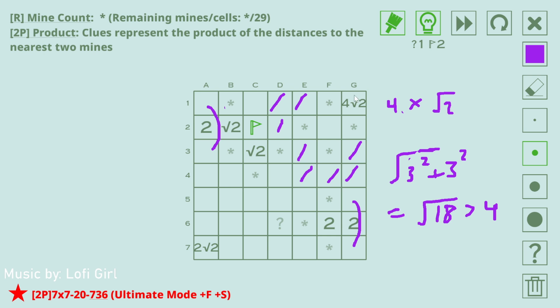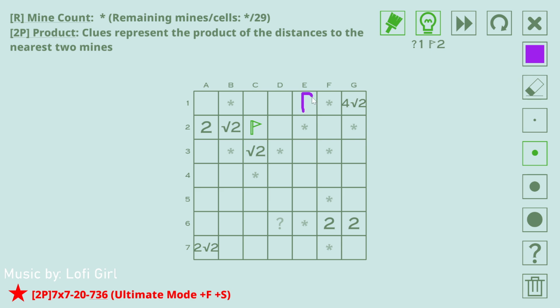Okay, well, what if it saw something that's 2 away? If it saw something that's 2 away, then this must be 2 times 2 root 2. And this 2 root 2 we can just rebrand as root 8. And that will be this cell exactly. And that also works. Okay, that's really weird.